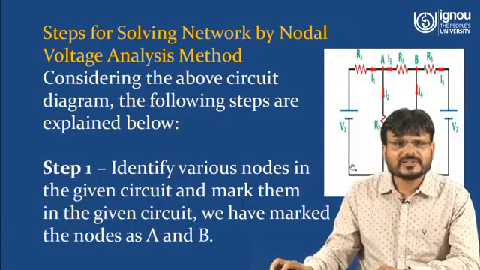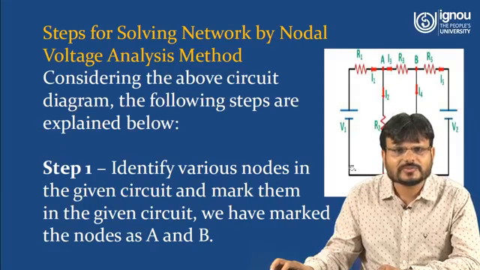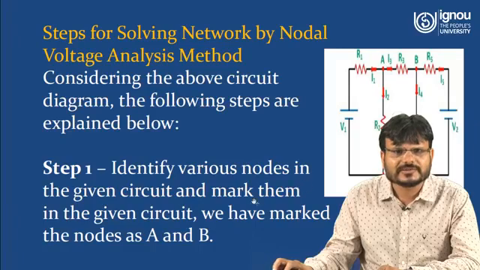So there are different steps to solve the network by the nodal voltage analysis method. Considering the above circuit diagram, the following steps are explained. First step: identify the various nodes in the given circuit and mark them in the given circuit.